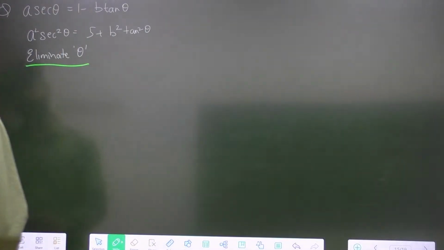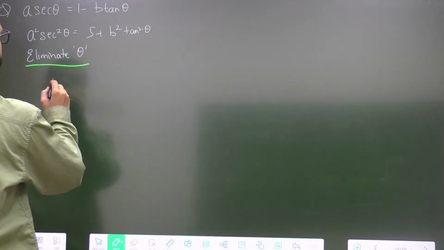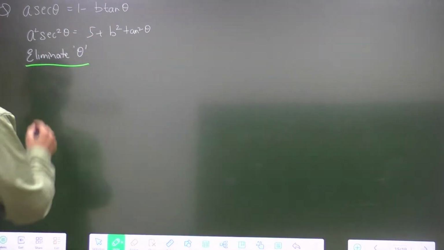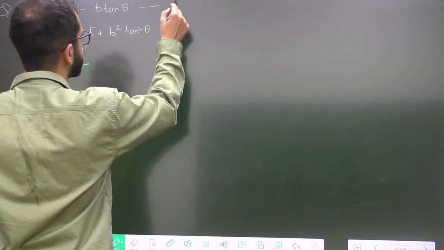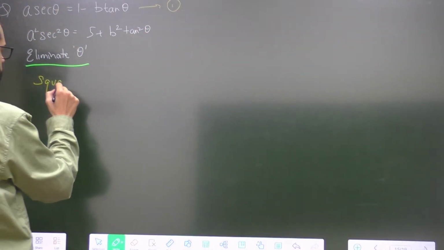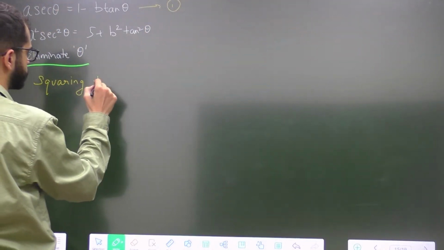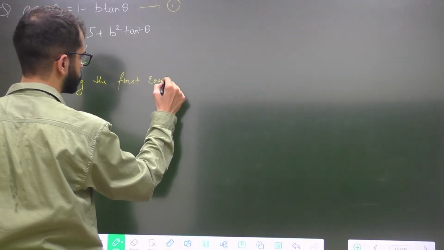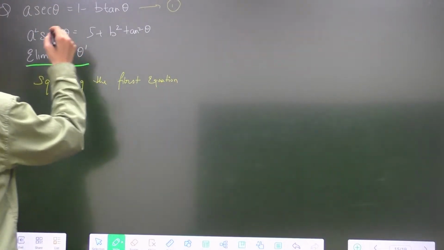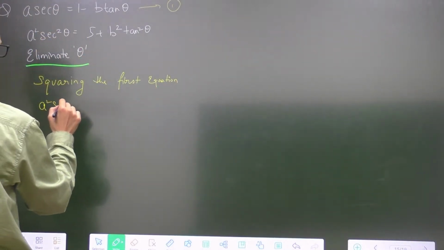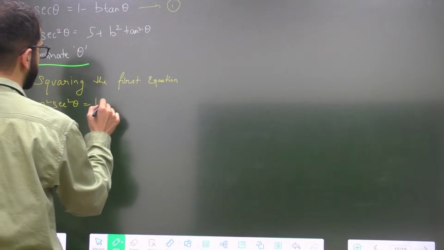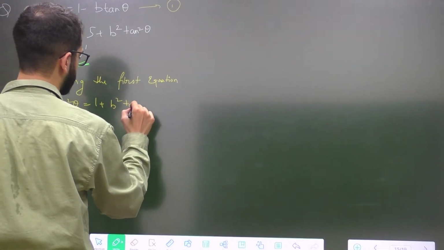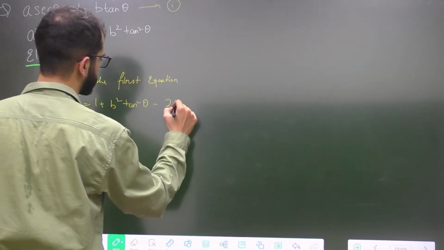Okay, so now the first condition says a sec theta equals 1 minus b tan theta. I'll square the first equation. If I square the first equation, this becomes a square sec square theta equals 1 plus b square tan square theta minus 2b tan theta.